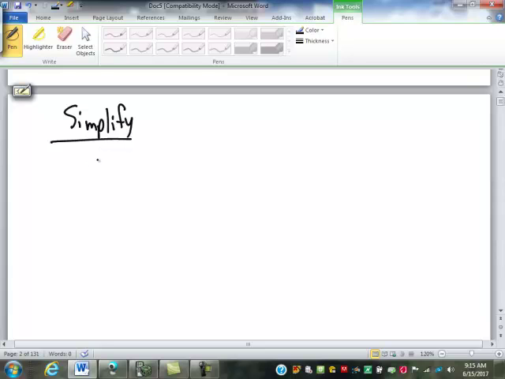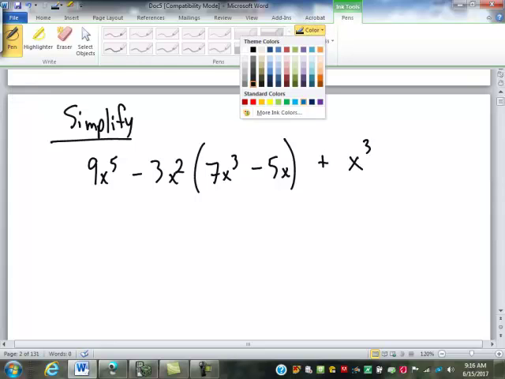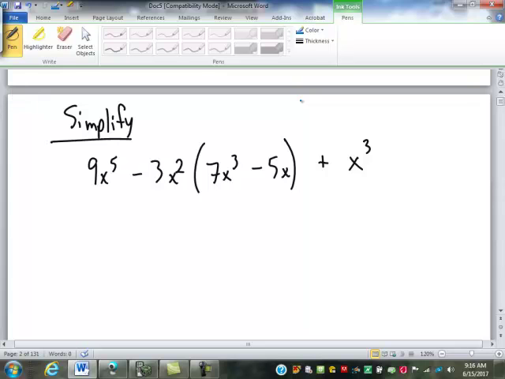So we might be asked to simplify something like 9x to the 5th minus 3x squared times 7x to the 3rd minus 5x plus x to the 3rd. So simplify means combine what you can combine. And remember, the tough part with these is knowing when to stop.